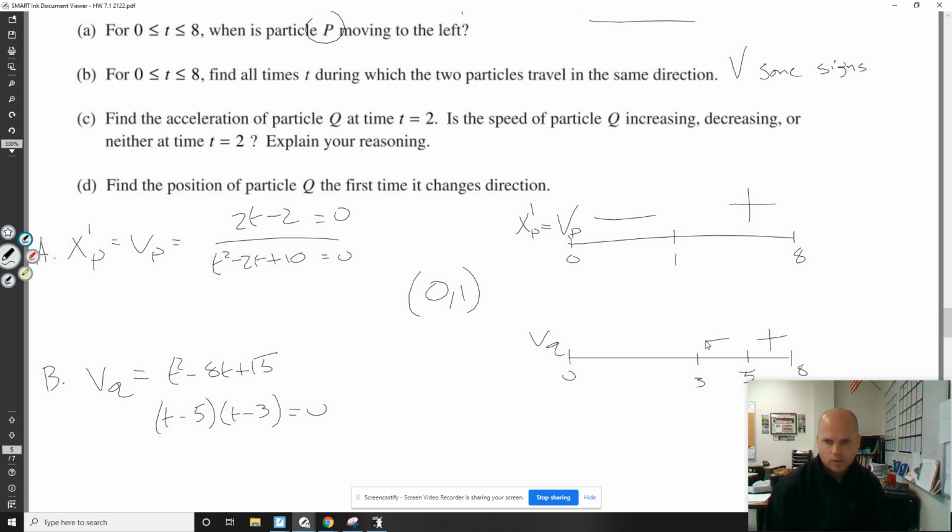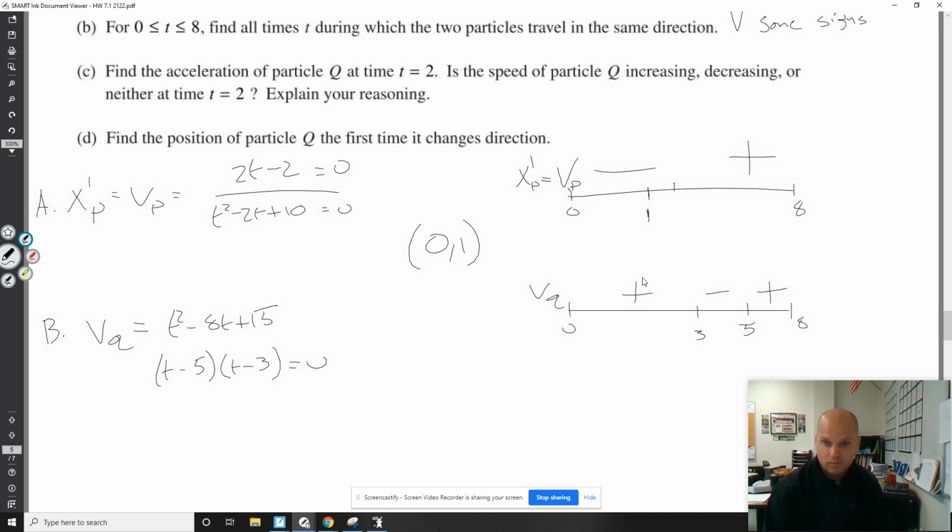Signs will change. So it's very important to have these lined up. This might not be obvious to see unless you have them lined up. When are the velocity signs going to be the same? That's when we're traveling in the same direction. From 1 to 3 and from 5 to 8, my velocities are all positive.